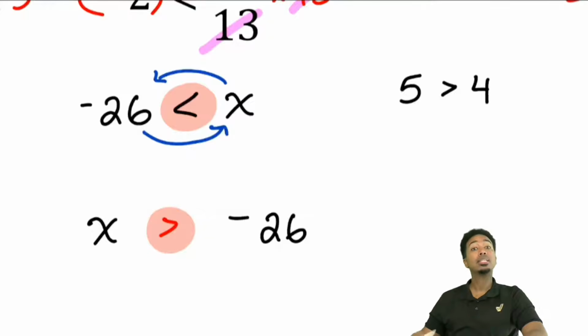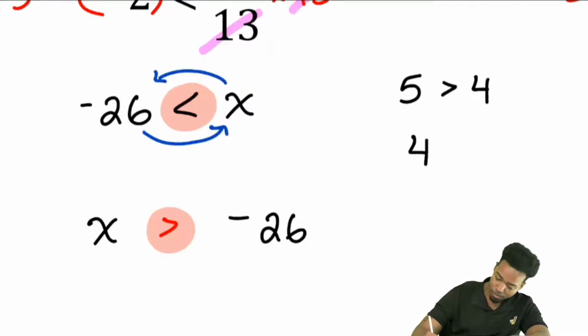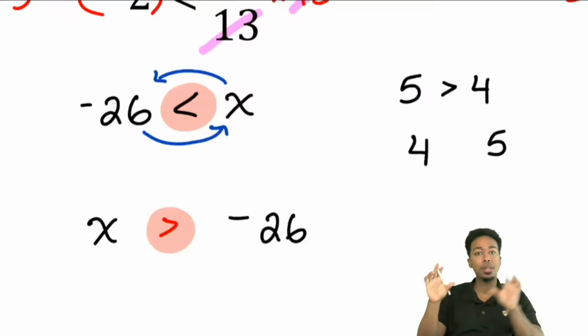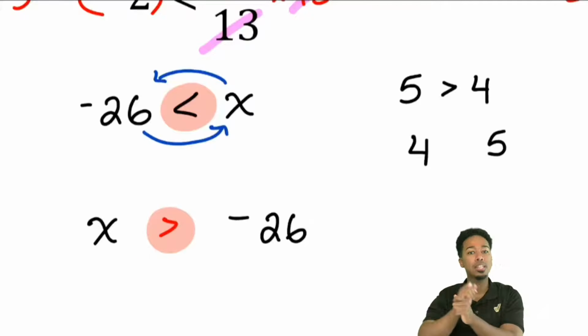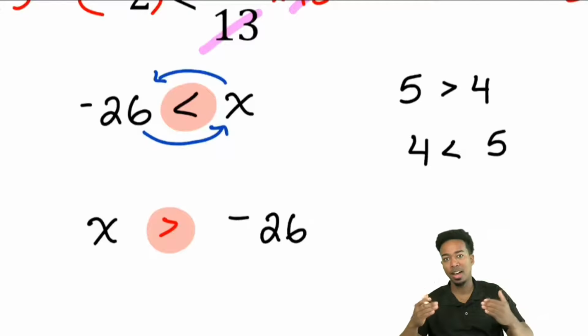Right. Now, if I were to flip the 5 and the 4, and I didn't flip the symbol, is 4 greater than 5? No, it's not. So that's why, if you flip the sides, you flip the inequality. And so 4 is less than 5.